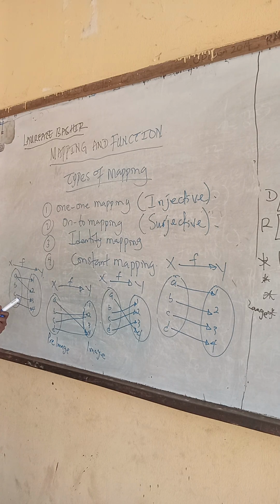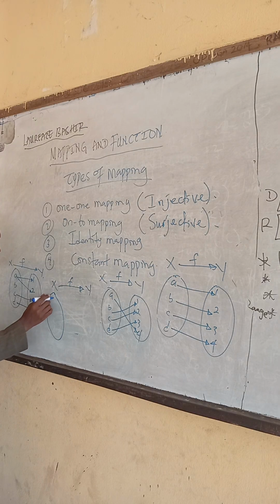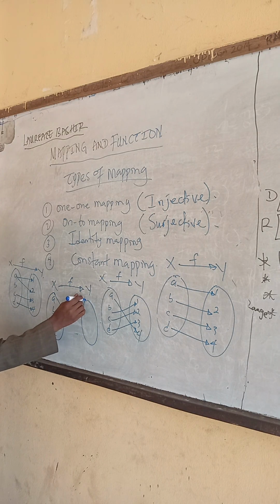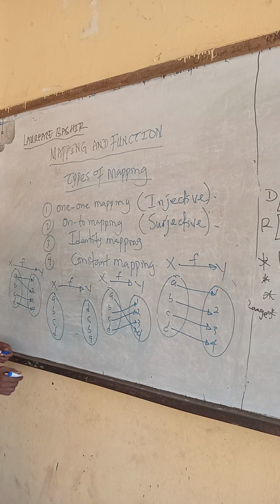Now, the next one is identity mapping. Identity mapping is easy. Let's say you have A, B, C, D, and they are mapped to D, C, B, A. You get?